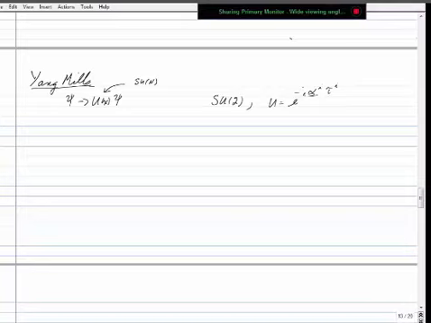Okay. So the place where it clearly plays a role is Yang-Mills theory, QCD. So let me do QCD, where it's a non-trivial example. So let's do non-abelian Yang-Mills theory.